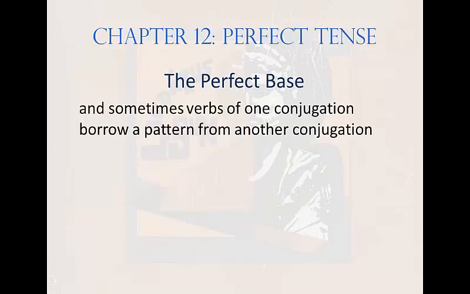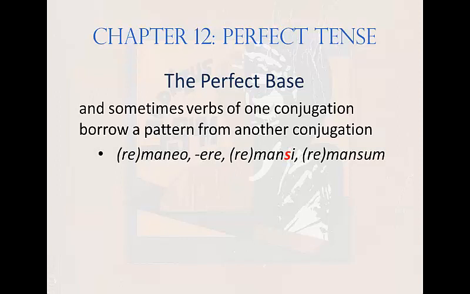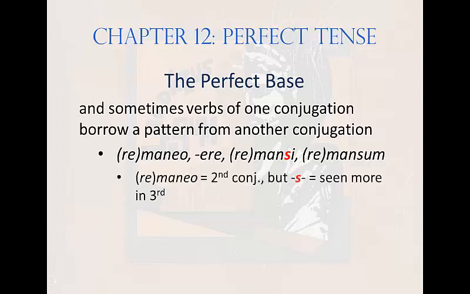In a few instances, verbs of one conjugation borrow a pattern from another conjugation, such as maneo or remaneo, manere, mansi, mansum. Maneo is second conjugation, but uses the s perfect marker seen more often in third conjugation. Iubeo of second conjugation does the same when it produces its third principal part, iussi, the double s being a combination of b plus s.